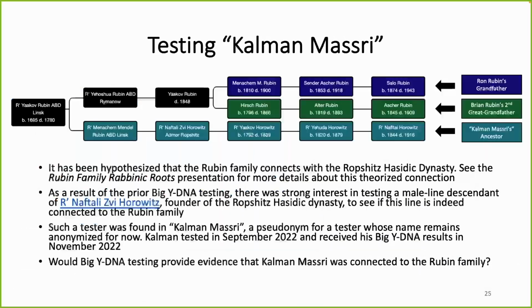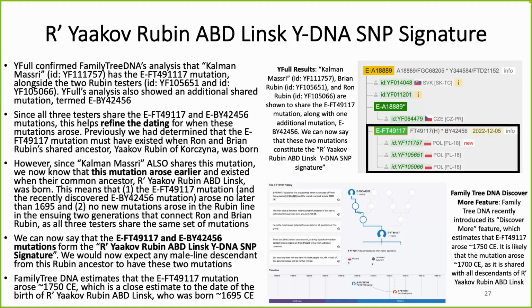So when we go back on the slide here, what we're talking about is that these mutations existed when all the common ancestors, Rav Yaakov Rubin of Linsk, Rav Naftali Tzvi Horovitz's grandfather, and Yaakov Rubin's grandfather, when he was born, he already carried these mutations. It's not just Yaakov Rubin who carried these mutations. It was the grandfather, the rabbi in Linsk, who we talked about in the third presentation.